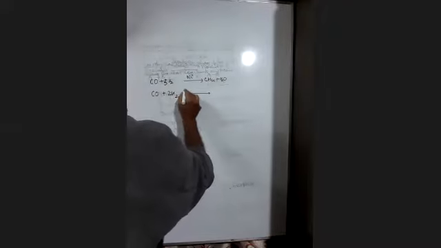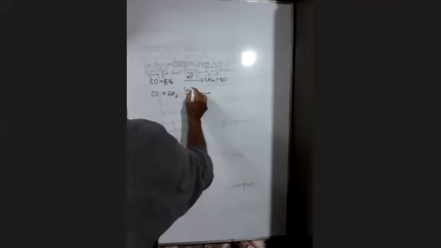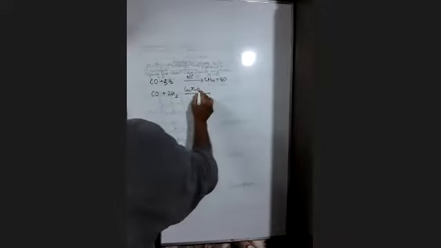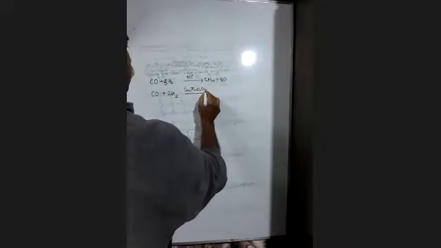Now, if you change the catalyst, and if you have used copper in presence of zinc oxide and chromium sesquioxide or chromium 3 oxide. See, CrO3 is chromium trioxide, where the oxidation state of chromium is 6.